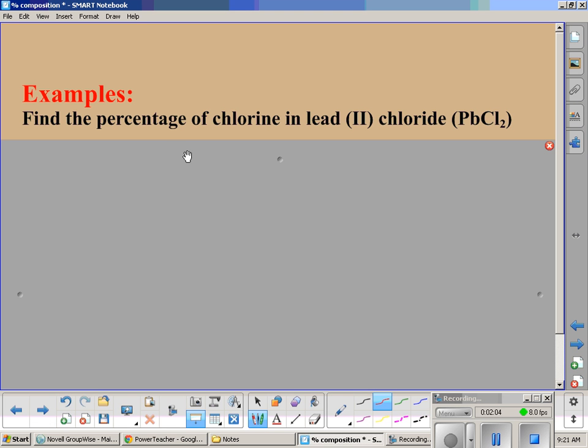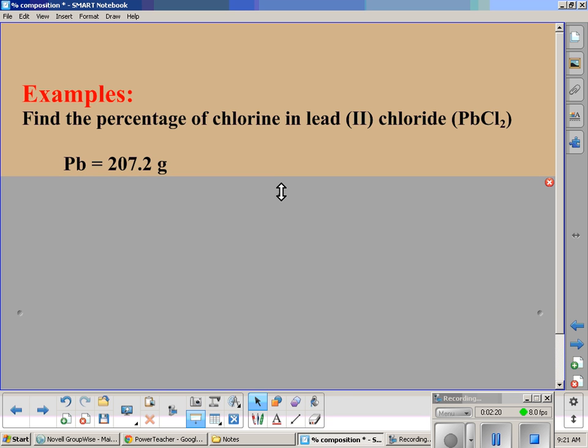Let's say we wanted to find the percentage of chlorine in lead(II) chloride. So we have this compound, lead(II) chloride, and the first thing we have to do is find out how much the whole thing weighs. So lead, from the periodic table, its atomic mass is 207.2 atomic mass units, or grams. I'm just going to use grams, it's a little easier.